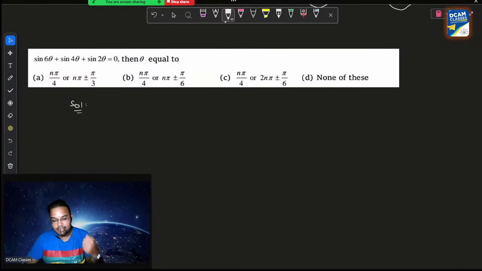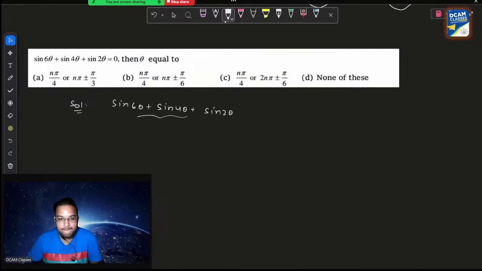See, sine 6 theta plus sine 4 theta plus sine 2 theta is there. We use sine c plus sine d, we get 2 sine c plus d by 2.